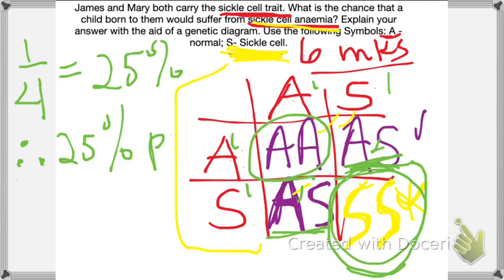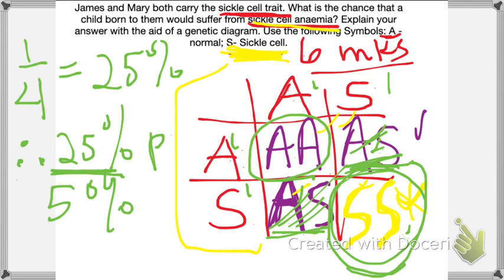So when this woman gets pregnant, when Mary gets pregnant, there will always be a 25% chance that one of her children will actually have sickle cell disease. And one of her children, 25% again, will be absolutely normal. But there's a 50% chance, can you see that? There's a 50% chance of her children being carriers. Can you see that? Because the AS gene would be that carrier gene. I hope this is making sense.